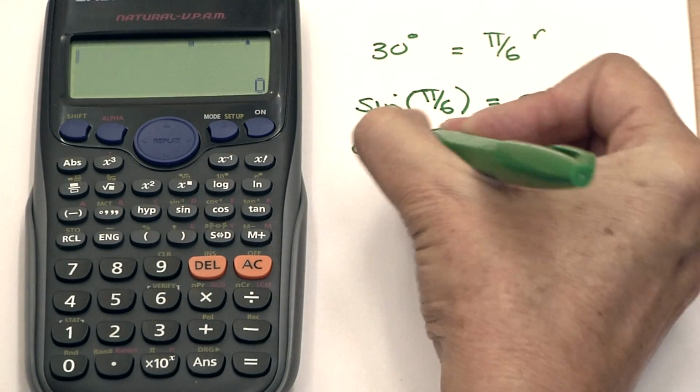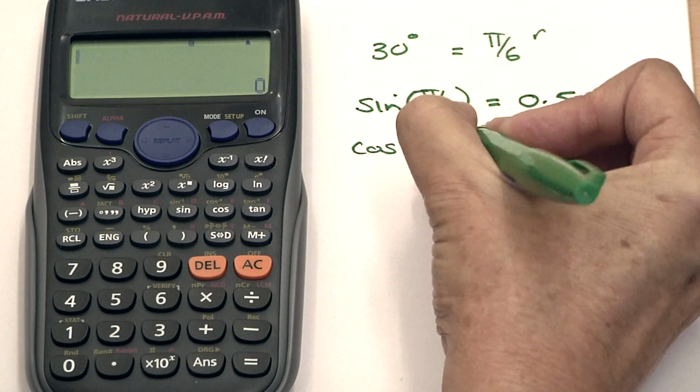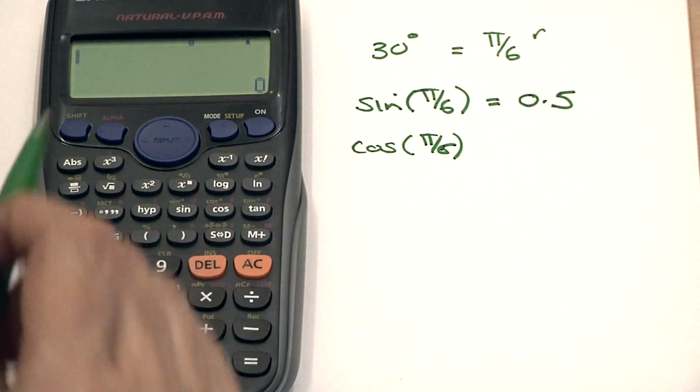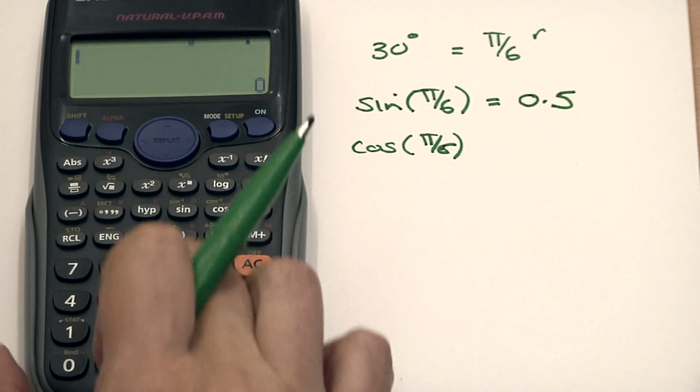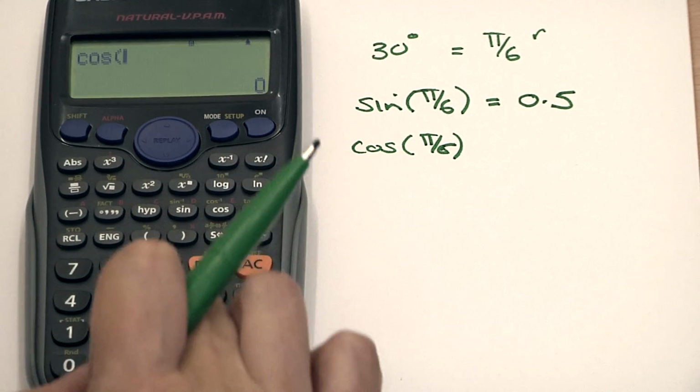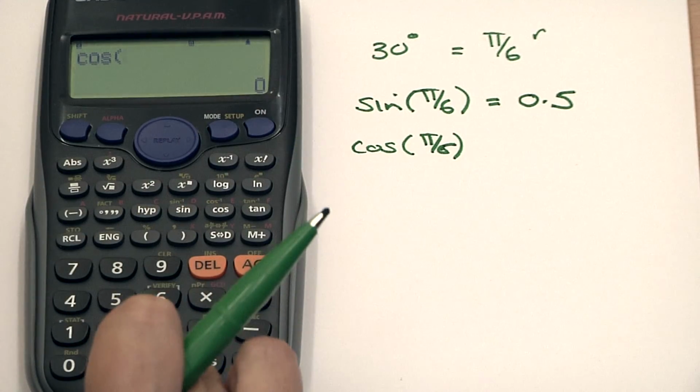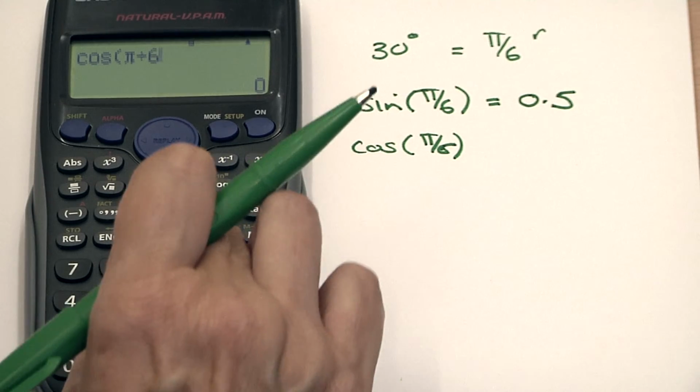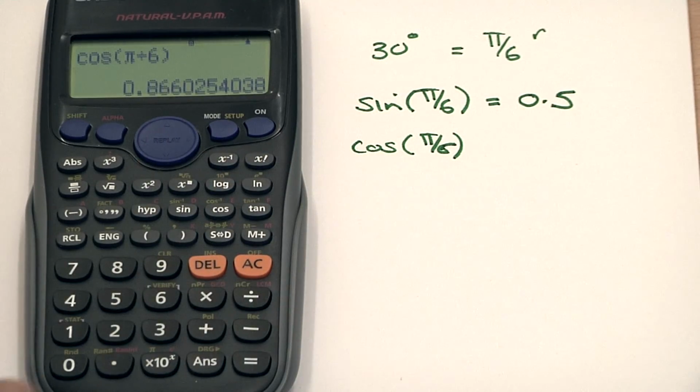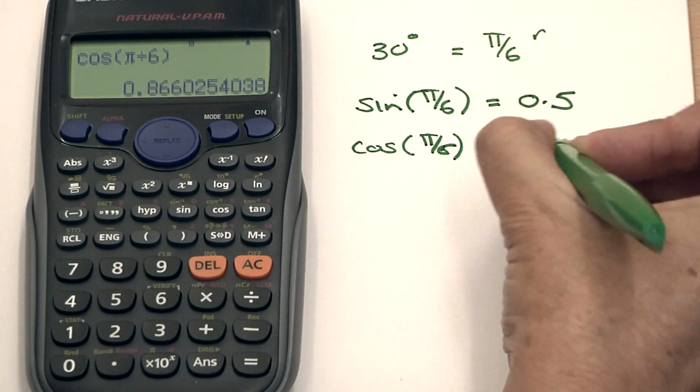Let's do cos pi on 6 radians. Okay, so we go cos, we've got the bracket, shift, pi divided by 6, and we get 0.866 as before.